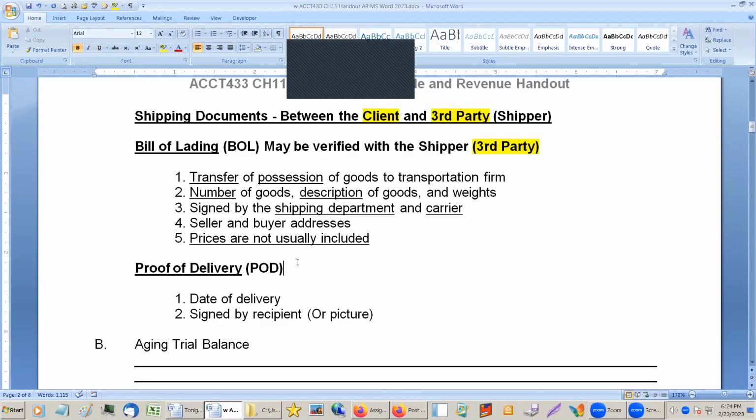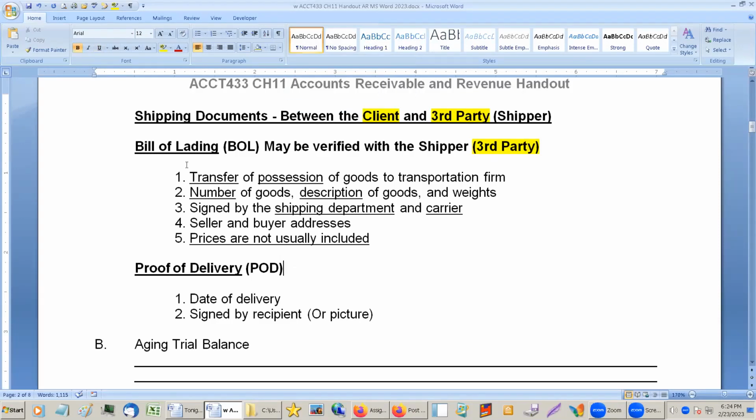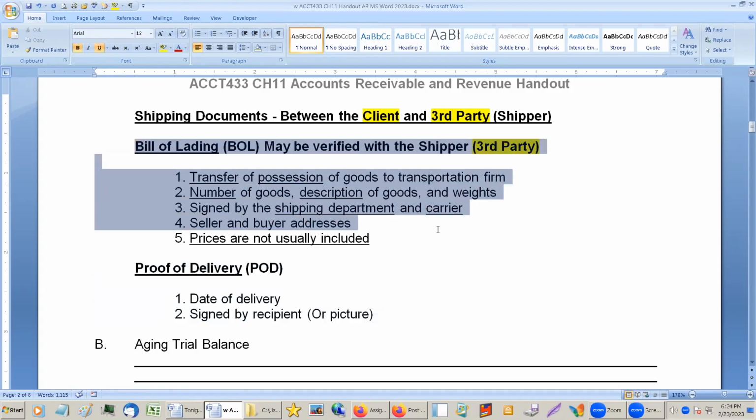So, proof of delivery. Now, you would think proof of delivery would be the better evidence, but actually, the bill of lading shows that the client made the effort, that this was a real sale. Even if it got lost in transit somewhere, the bill of lading is really proof.